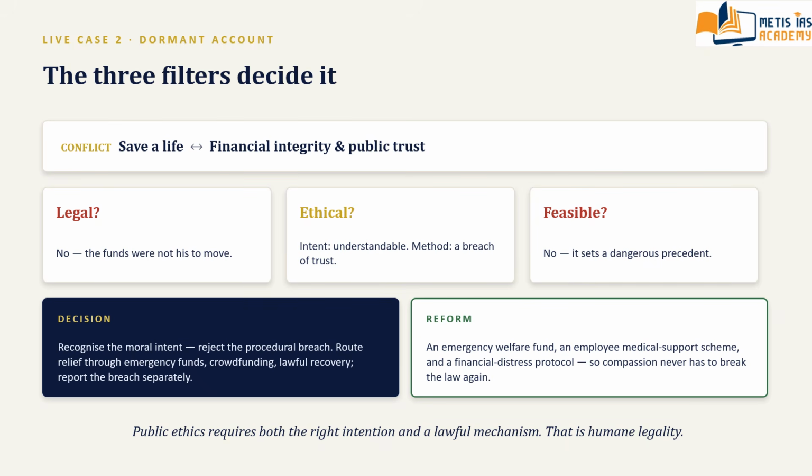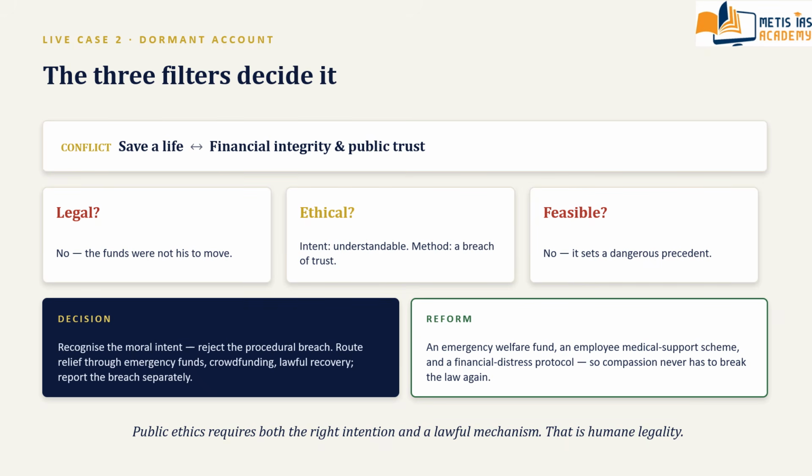You have to do all of these, but the immediate thing is relief through emergency funds, crowdfunding, and lawful recovery. Coming to the reform part, you have to make an emergency welfare fund, an employee medical support scheme, and a financial distress protocol, so compassion never has to break the law again.